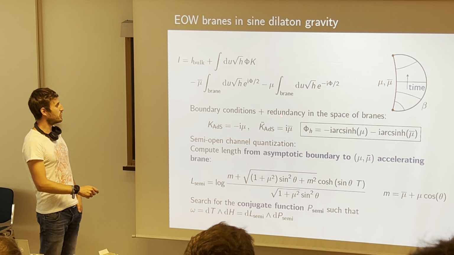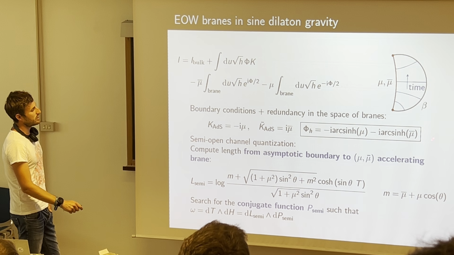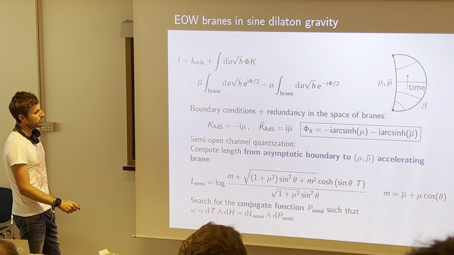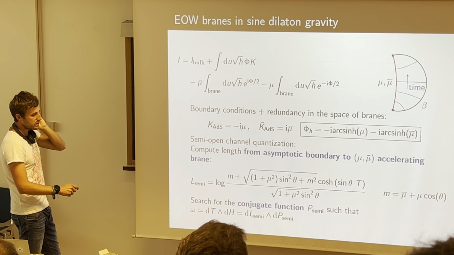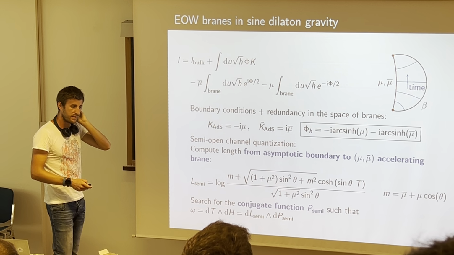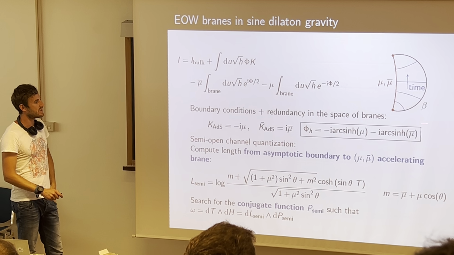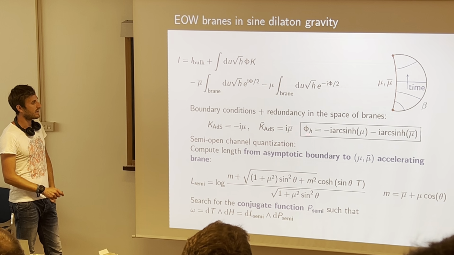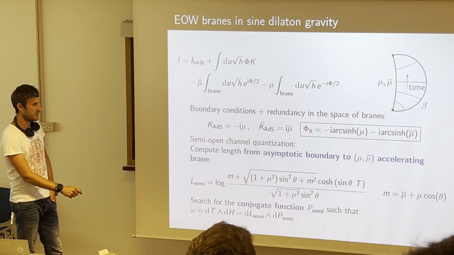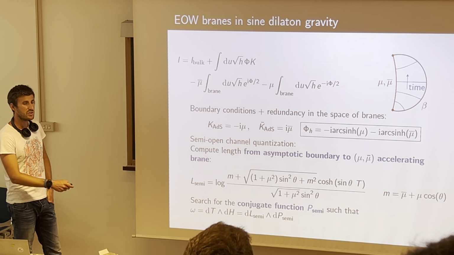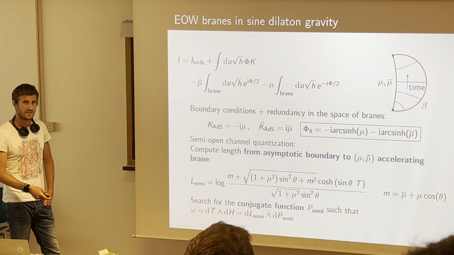Let me also tell you that through the Wheeler-DeWitt equation, one can prove that in the space of all branes, not all of them are inequivalent. If I pick two branes whose values of mu and mu bar share the same value of this combination, then these two branes are gauge equivalent to one another.